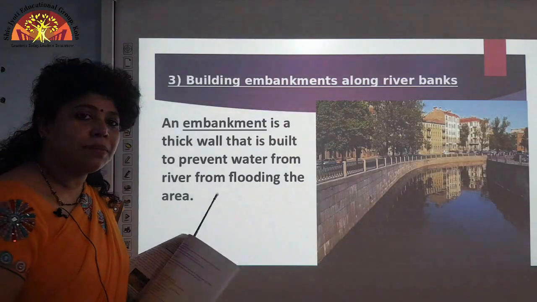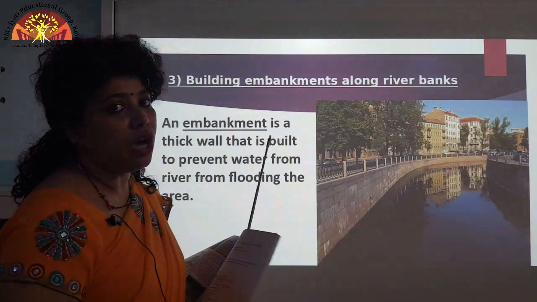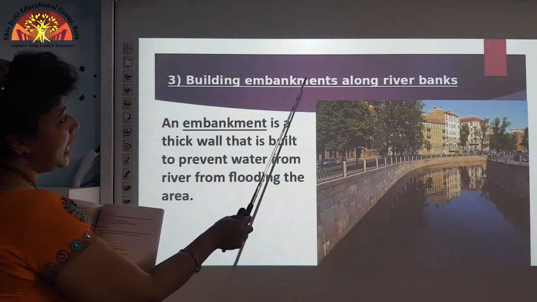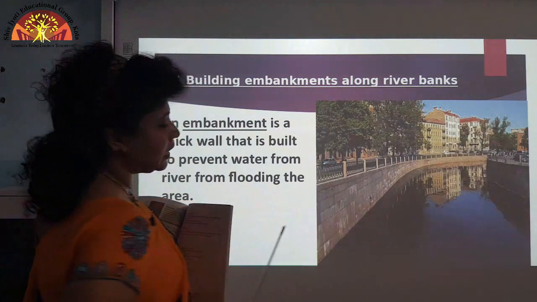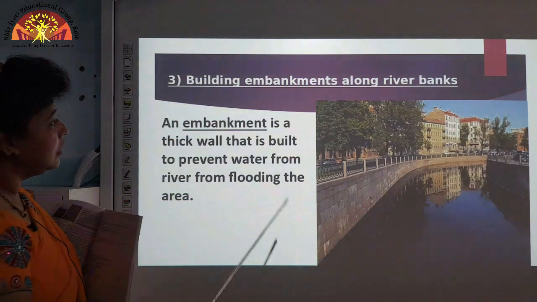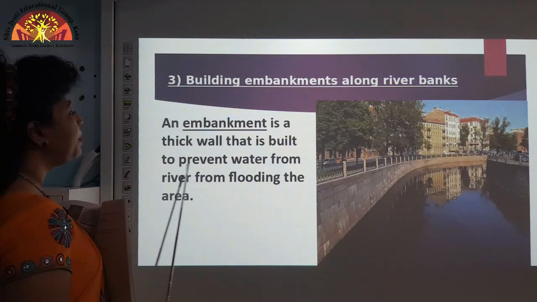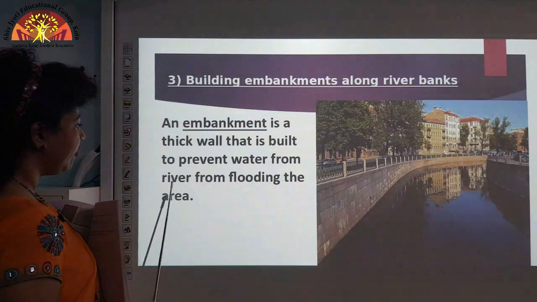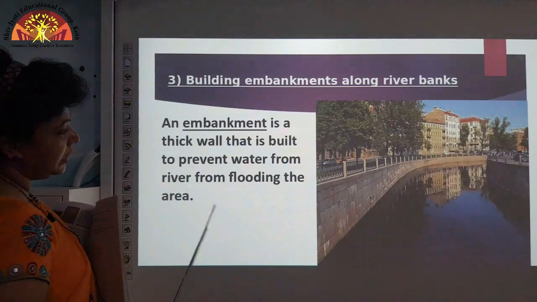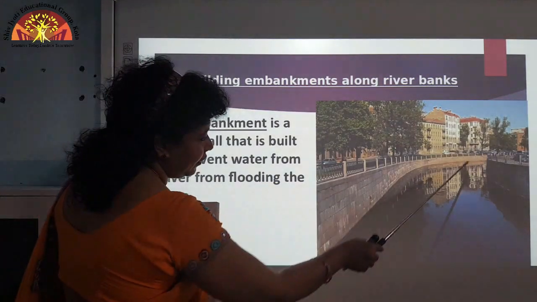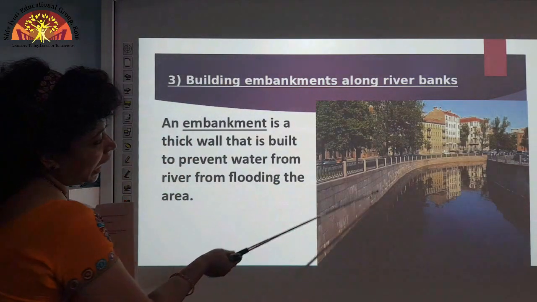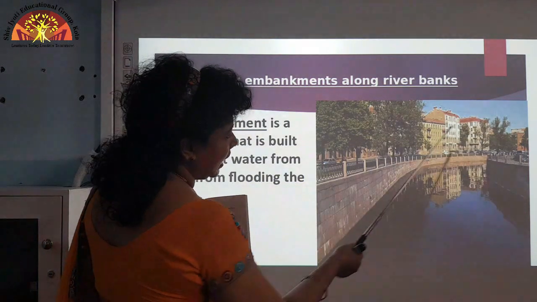And the last method of preventing soil erosion is by building embankments along river banks. What are embankments? An embankment is a thick wall that is built to prevent water from the river from flooding the area. So, what they do is, this is a river, they build a thick high wall on either side of the river.